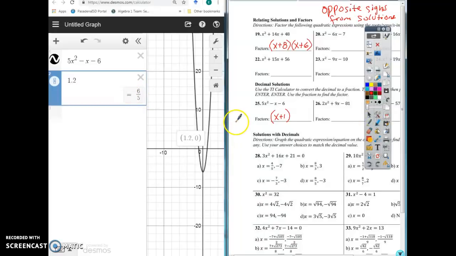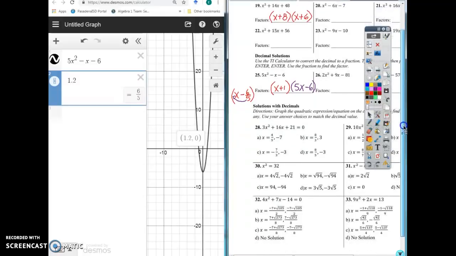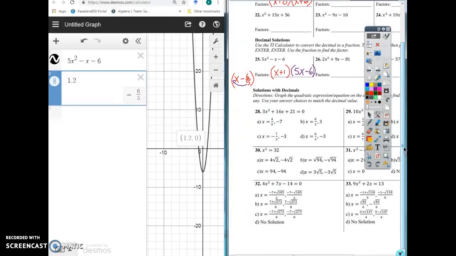When you have x minus 6 over 5, the 5 has to go to the front. So it's 5x minus 6. Okay, remember those?